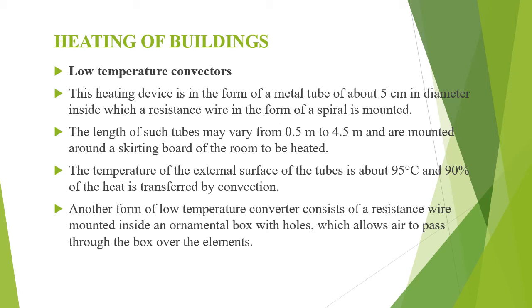The temperature of the external surface of the tube is about 95 degrees Celsius and 90% of the heat will be transferred by convection. Another form of low temperature convector consists of a resistance wire mounted inside an ornamental box with holes which allows air to pass through the box over the elements.